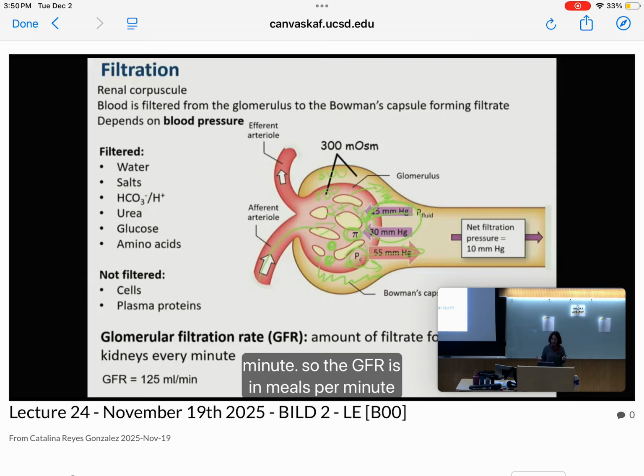So the GFR is in mils per minute, how much volume of filtrate is produced by each kidney every minute, and so the GFR is 125 mils per minute in a well-hydrated, healthy human.